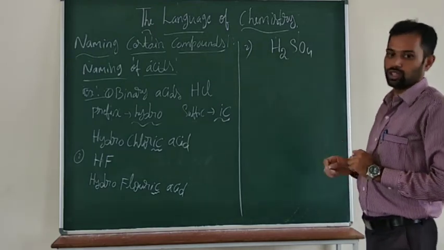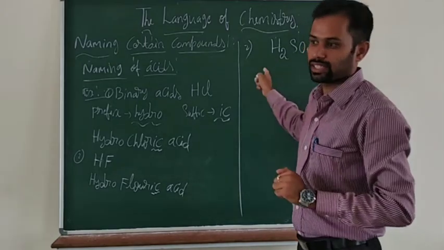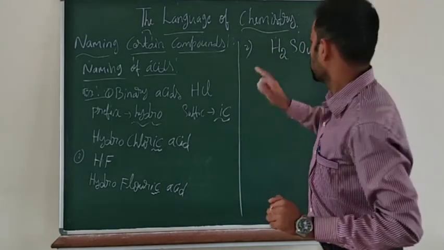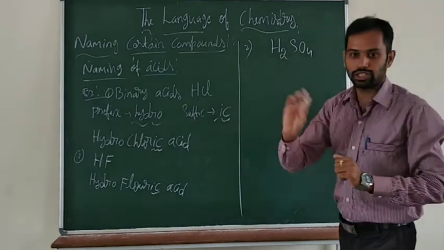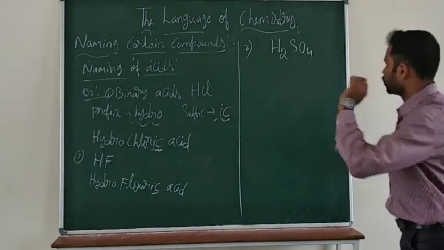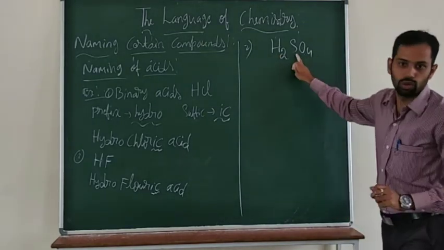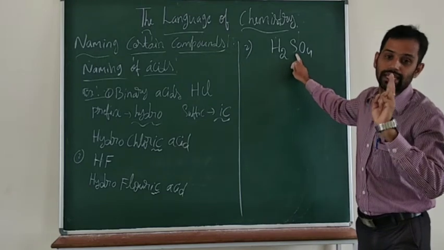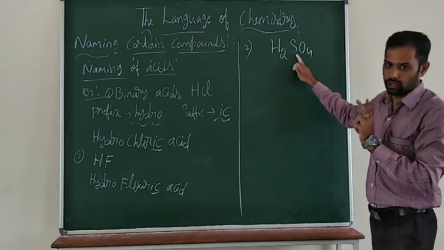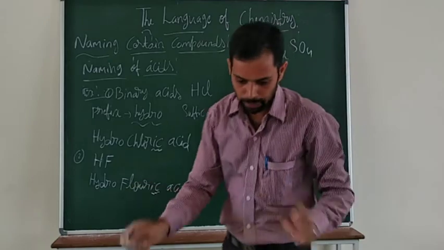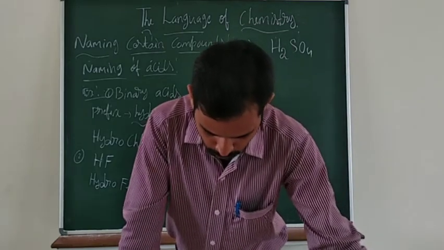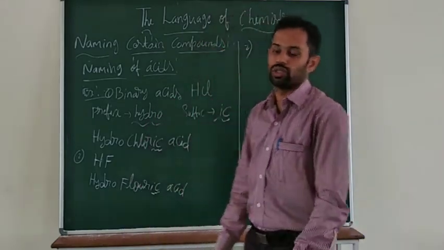In these types of acids, we will not start with the first element. We will move to the second element. Sulfuric acid: the second element present in the molecule. Prefix hydro is not used here.